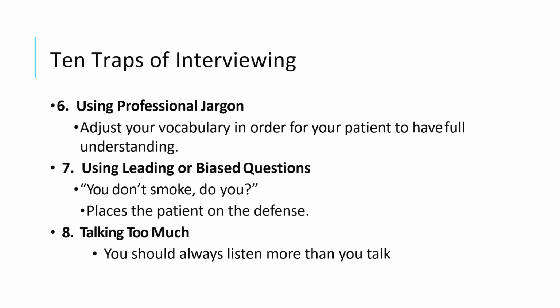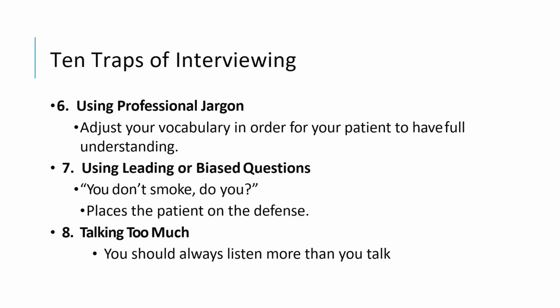Leading or biased questions. This is number 7. When we ask questions, we don't want to ask a question leading to an answer. An example of this, you don't smoke, do you? Well, you should ask it as, do you smoke?